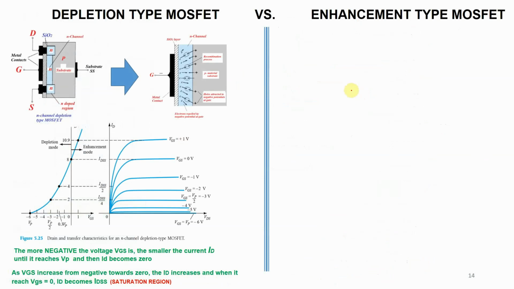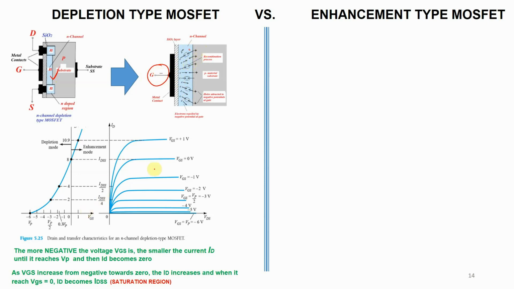Now let us have a small review as we compare the depletion region. There is an N channel here, and the operation is that when this is more negative, it will control the conductivity of the conducting channel. If you put more negative here, it will reduce the conductivity of this conducting channel.